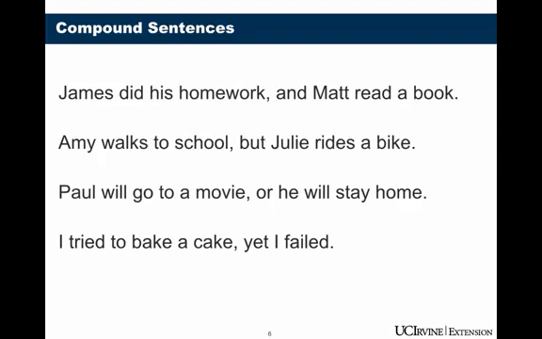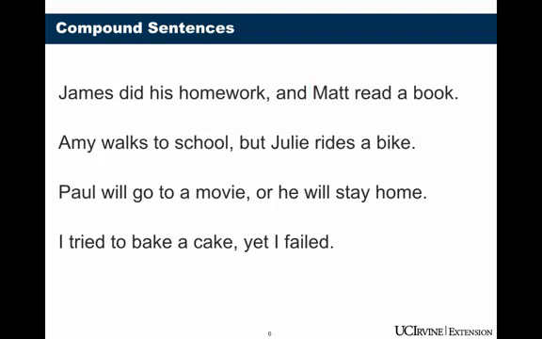One thing I want to point out, if you're wondering, how do I know if I have 2 sentences? After the conjunction, you should have a full sentence, a complete sentence. So we have Matt read a book. That is a complete sentence because Matt is the subject and read is the verb.